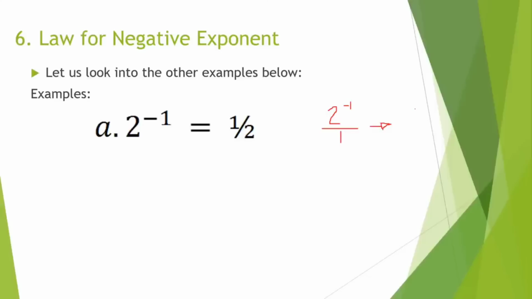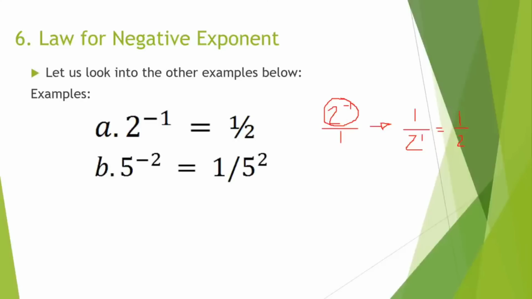So we have 1 over 2 raised to 1. So for our exponent to become negative, we have to get its reciprocal. So the reciprocal of this is 1 over 2 raised to 1, or again, it's okay if we do not put 1 as an exponent. So 1 over 2, or 1/2, is the answer for letter A.